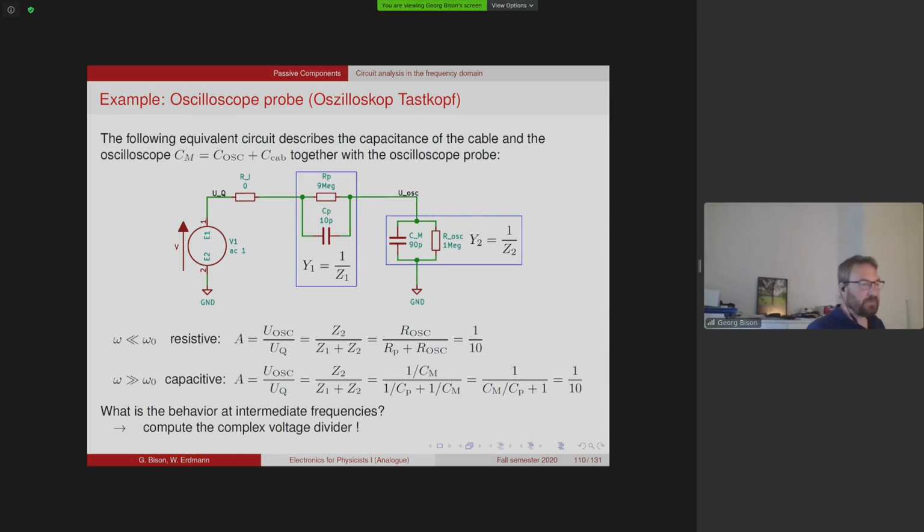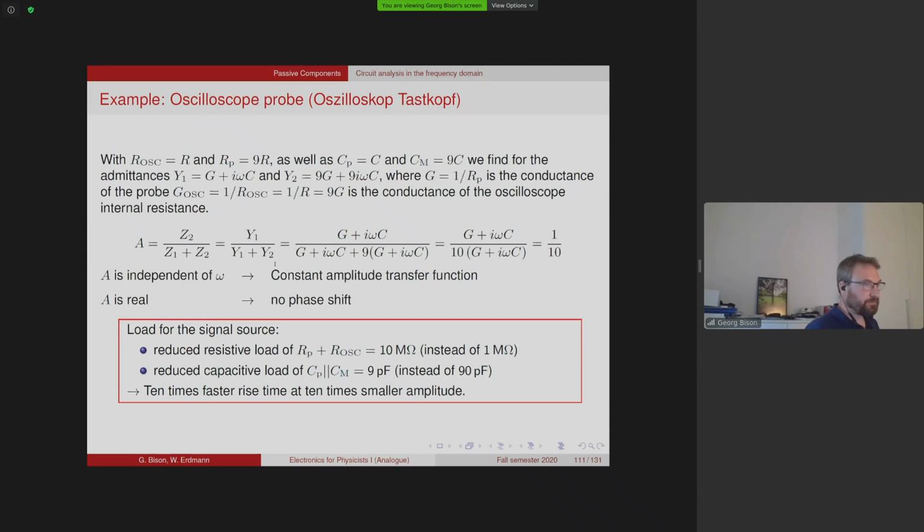Now the question is, what happens at intermediate frequencies? And here it's best to calculate, as I said, with admittances. So we have to use the conductance of the resistors and the admittance of the capacitor for one case and for the other case.